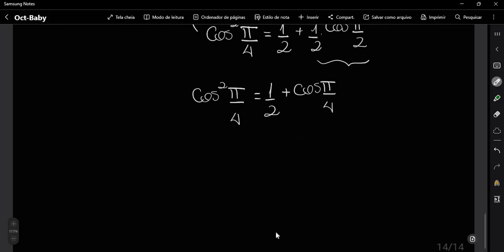And I don't know, I'm just doing this intuitively. It looks right for me. Maybe I'm wrong. And if it's the case, please let me know in the comment.